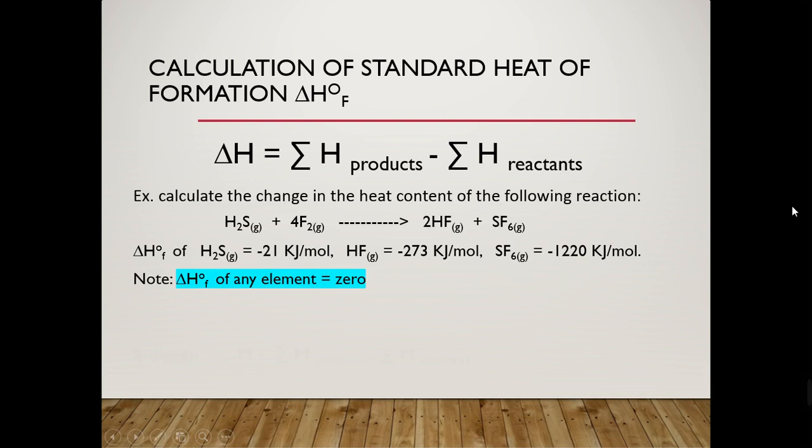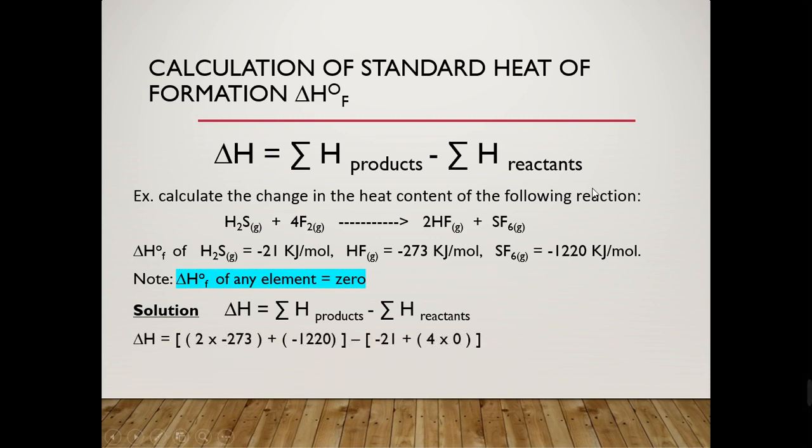Let's apply the rule: delta H equals summation of heat content of products minus summation of heat content of reactants. Here the product 2HF, 2 moles multiplied by the heat content of this compound HF, which is negative 273, plus the other product SF6, the heat content of this product negative 1220.